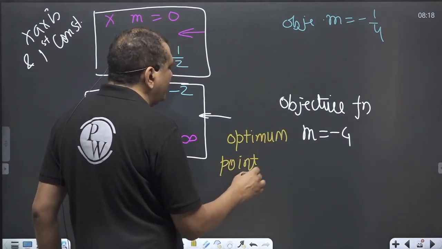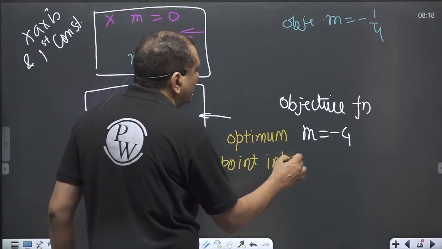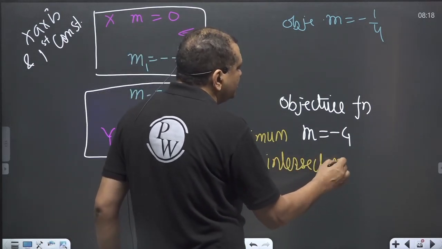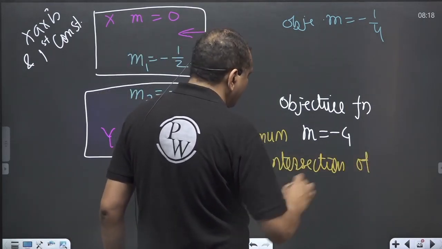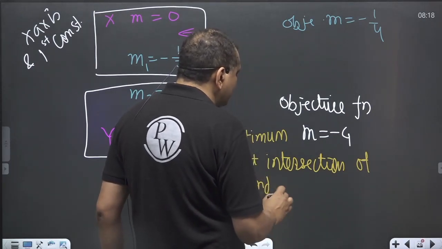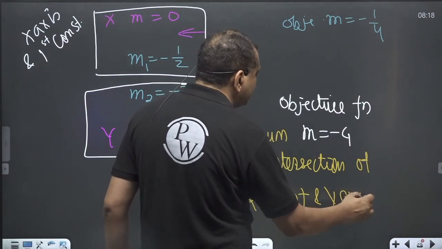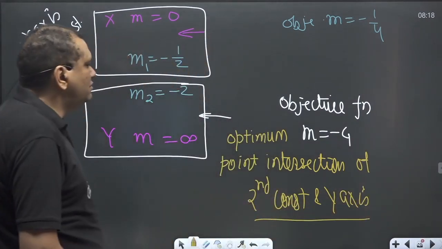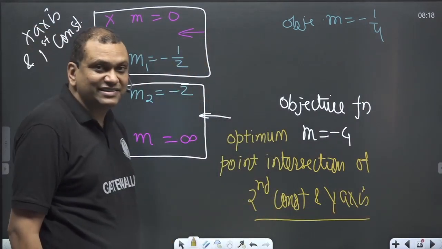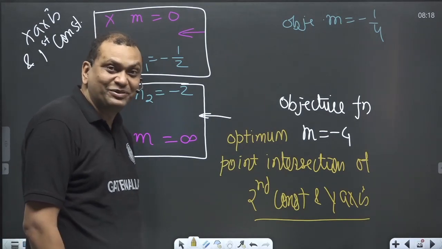The optimum point will be the intersection of the second constraint and the y-axis. Second constraint and y-axis.